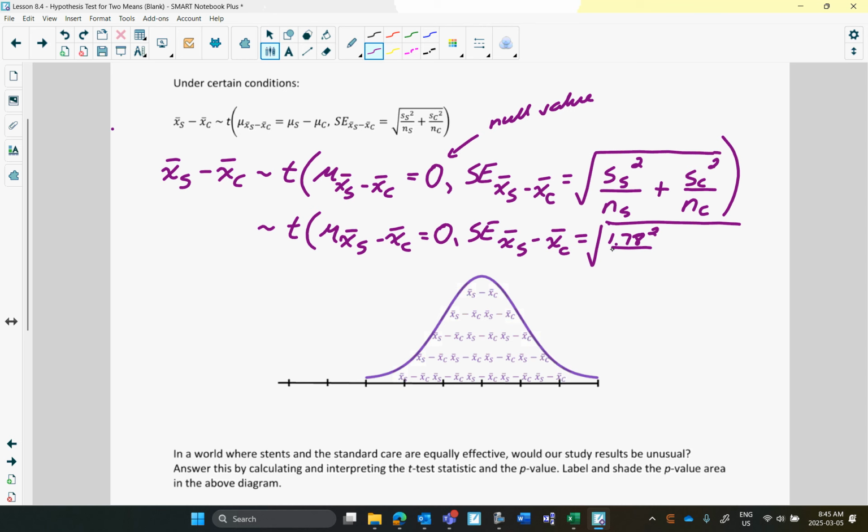And so from the first page table, that was 98, plus the standard deviation of the control group, which was 1.78 squared over the sample size of the control group, which is different at 93. So if we do that calculation, we're going to get approximately 2.58 for our standard error.